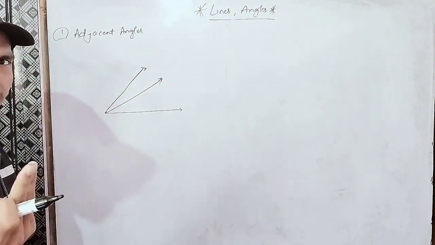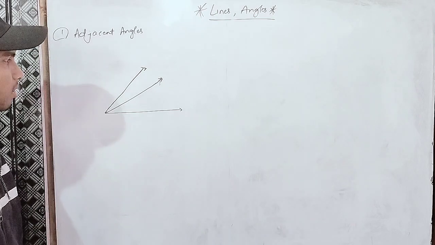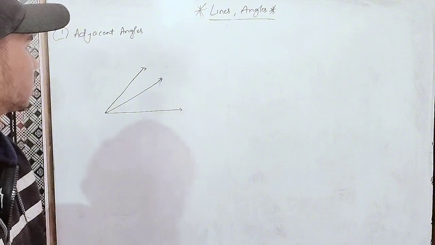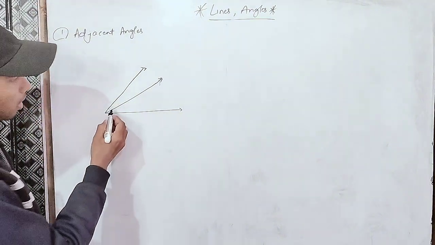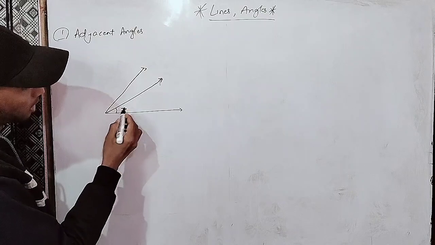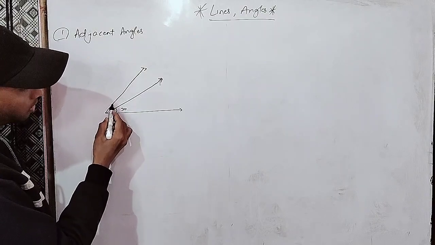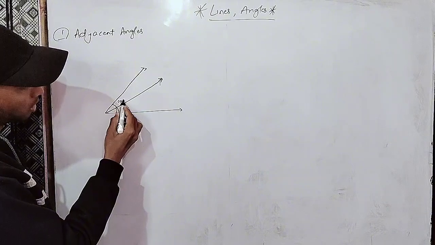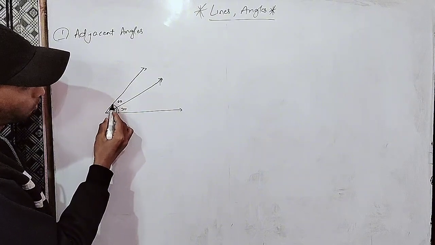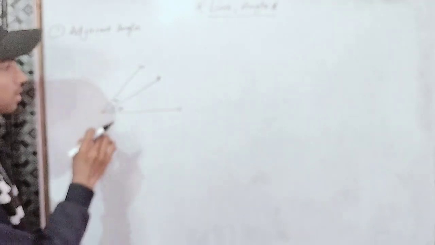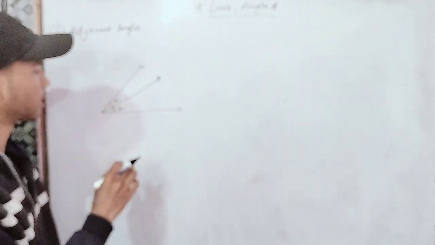We can have three lines, three rays. So rotation of this is, let's suppose, 30 degree, and rotation of this is 60 degree.